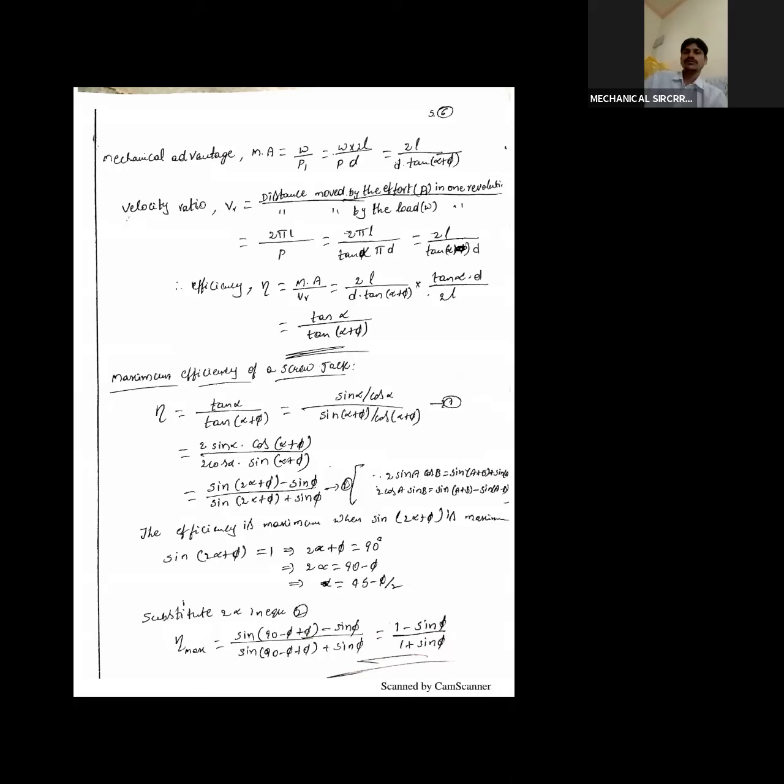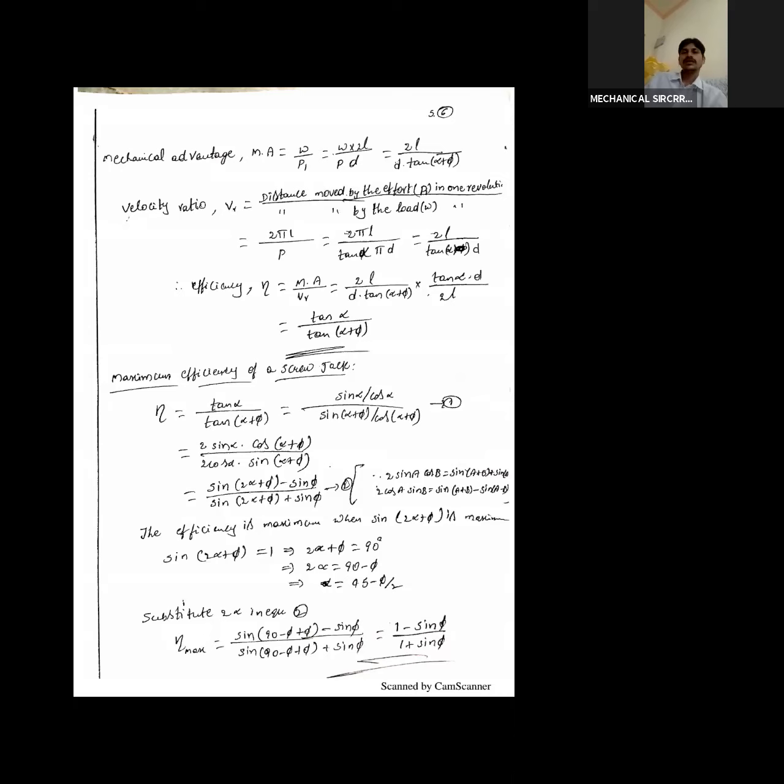Those are the mechanical advantage values. They may also write load by effort. The load value is W and the effort value is taken to be P1. So W by P1 is also written, where P1 equals PD by 2L.